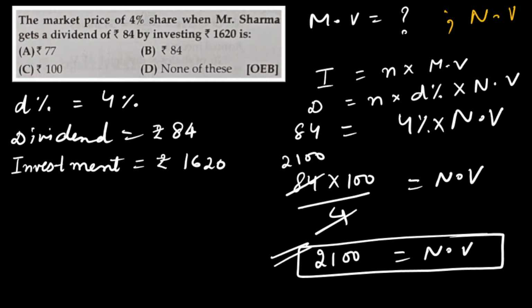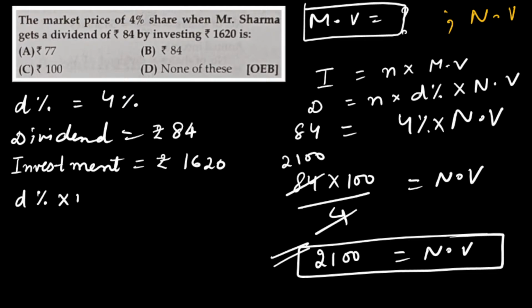Yes. Now if we know nominal value, see we have to find, and this question, similar type of question we did earlier also. So market value now can be find. Now tell me which formula we can use. Now we know the nominal value also. So now we can use the third formula which I gave you.